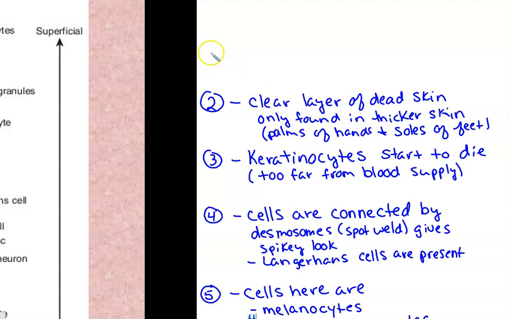And our last is stratum corneum, the most superficial. What I want you to know is this is nothing but dead keratinized cells. They will slough off. That means they just come off, and they will be replaced.